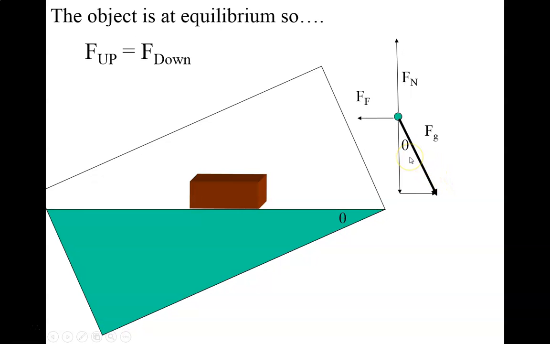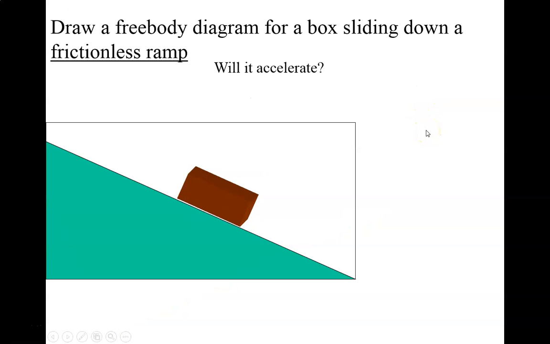Your force of gravity in the y component should cancel out with your normal force, and your force of gravity in the x component should cancel out with the force of friction. So now if I know this angle and I know gravity, I know everything. I can solve everything, and that's why it's very, very useful.